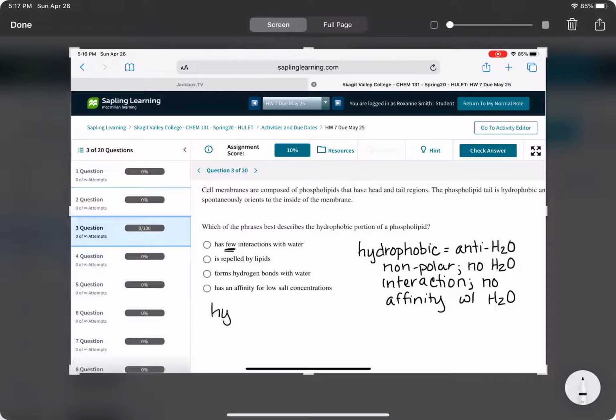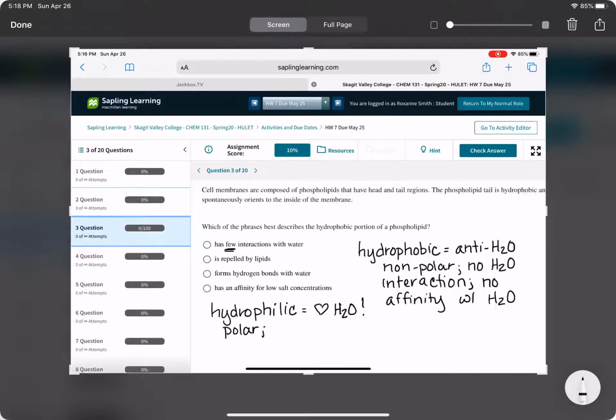Hydrophilic, which was in question 2, hydrophilic means that it is the lover of water. So philic is referring to loving something. Hydrophilic loves water. It is polar.